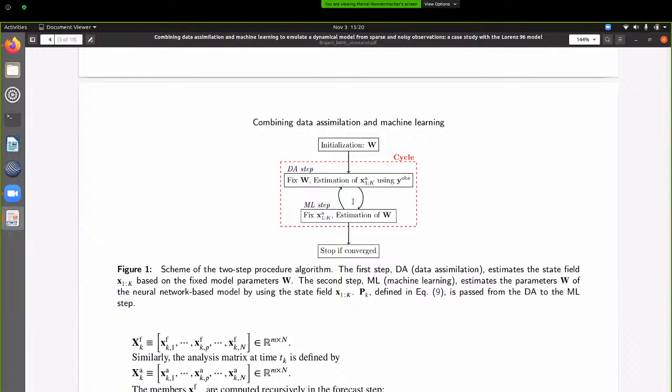And the idea is that you start out with potentially a very bad model of dynamics, so you get a somewhat poor estimate of the states with your Kalman filter approach. But given these somewhat poor estimates of the states, you can get at least a better estimate of the model. And if you iterate this whole process often enough, you should continuously improve.